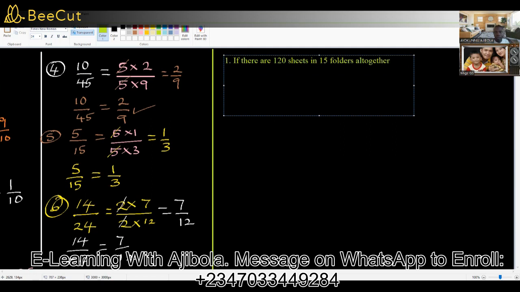If there are 120 sheets in 15 folders altogether, how many sheets does each folder contain if they all have an equal number of sheets?